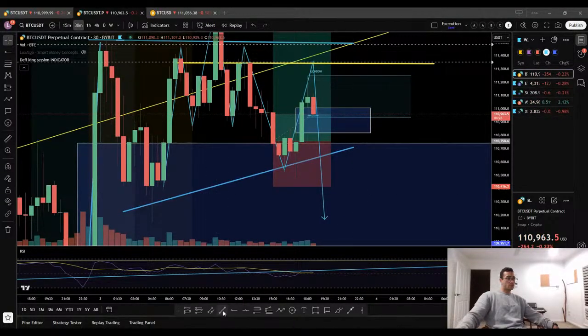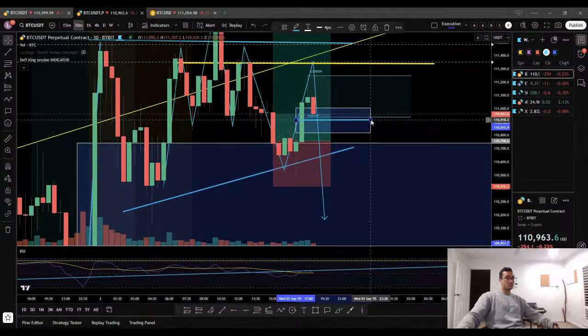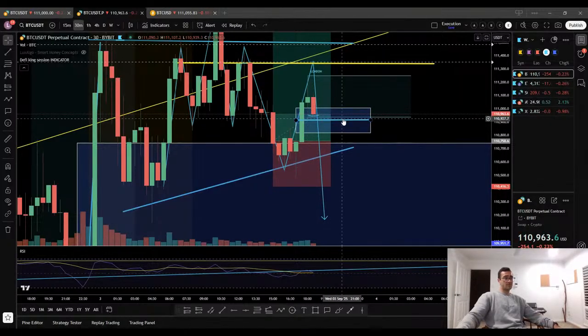Now, I also like to say that if the candle closes below 50% of the fair value gap, it's invalid. It's just one of my rules.